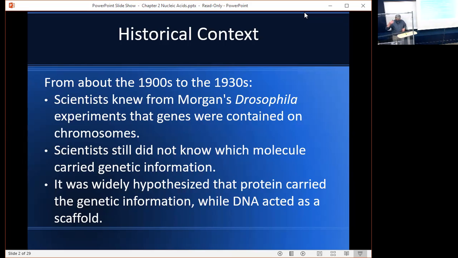In fact, the dominant theory was that proteins were the carriers of genetic information, and that nucleic acids were simply there as scaffolds for the structural integrity of the chromosome. Nowadays, we know it's exactly the opposite: DNA carries genetic information, and the protein is there as a scaffold for the structural integrity of the chromosomes. But that wasn't the predominant hypothesis at the time.